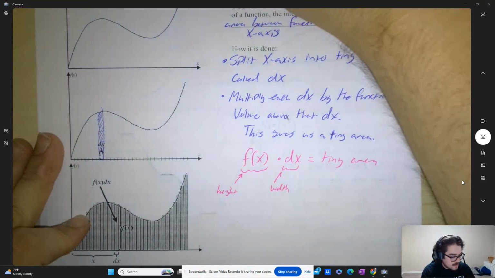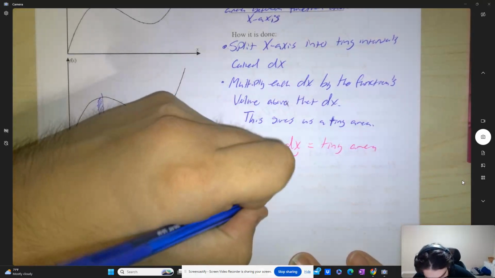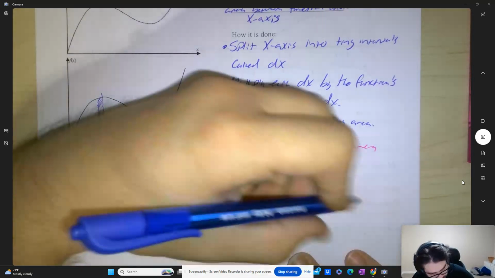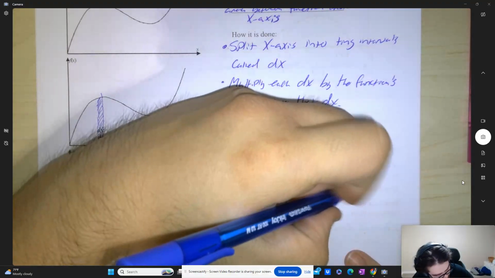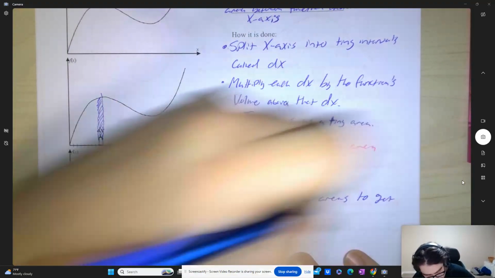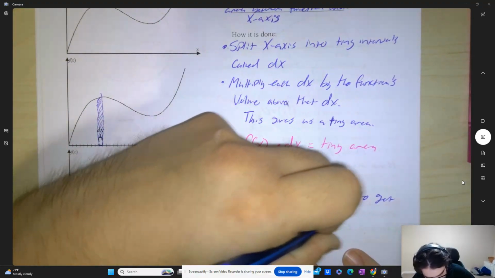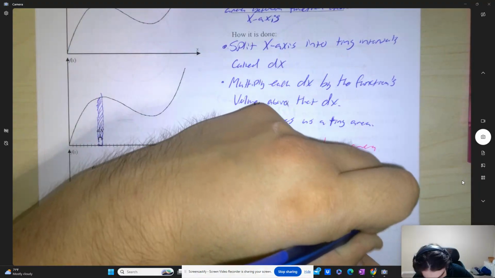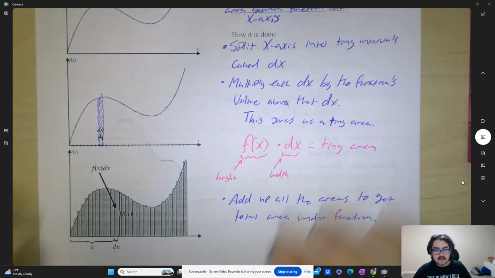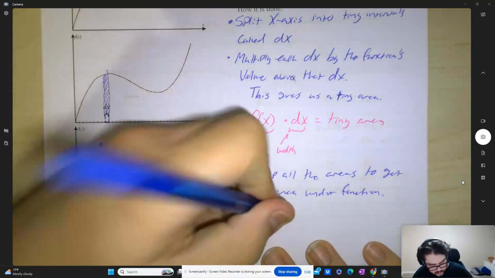Then you're going to add up all the areas to get the total area under the function. And that is the process of the integral. That's what the integral is.